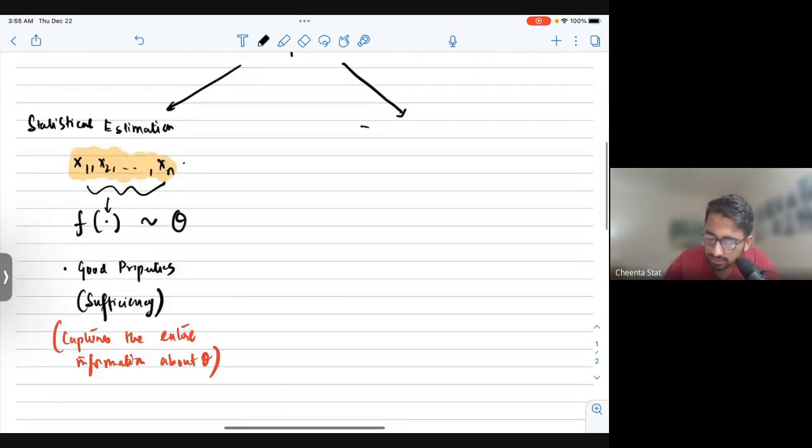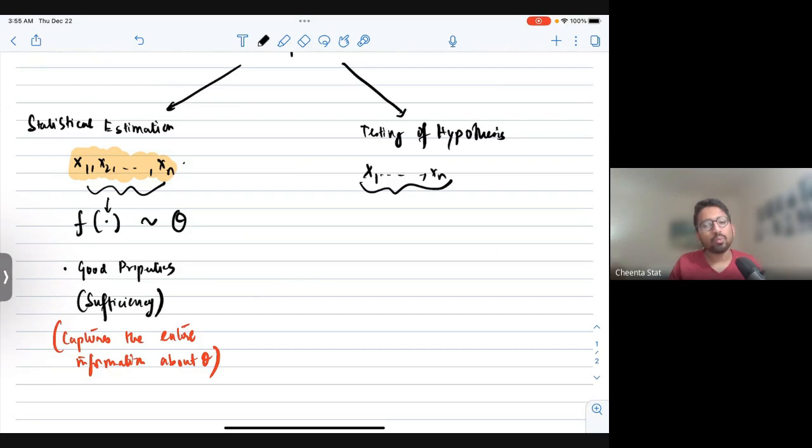And testing a hypothesis is nothing but, with the same data, we are asking questions, testing two different hypotheses. It's a bit more than this. It's asking which hypothesis is most likely true based on this data.